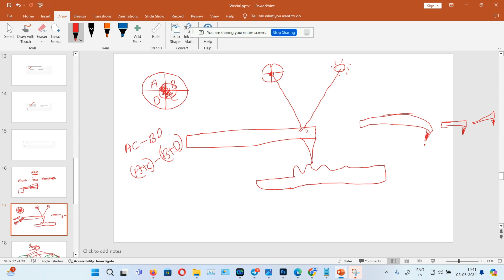What happens when the cantilever tip gets deflected is that the laser spot also gets deflected. Just think that it is deflected something like this. Then you will get some value here, because A will be more, C will be less, and B and D are similar.